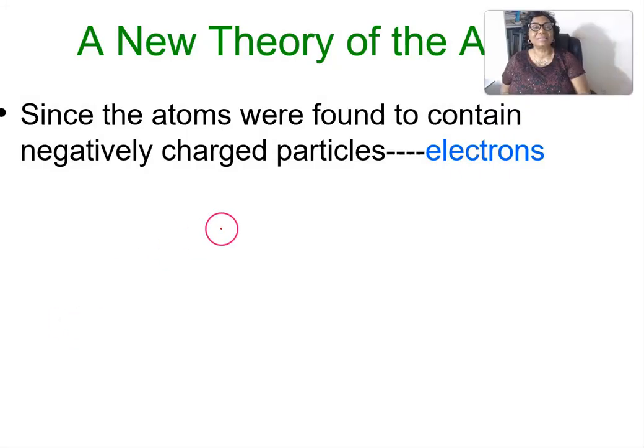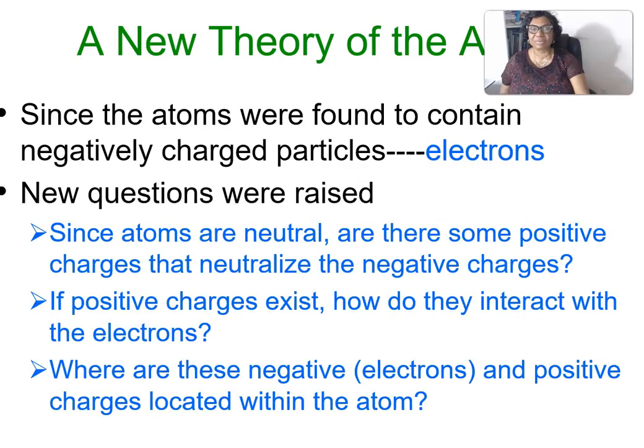So with that, Dalton's atomic theory was being modified. Since atoms were found to contain negatively charged particles, electrons, it shows that Dalton's atom is destructible and atoms have particles. But new questions came up.